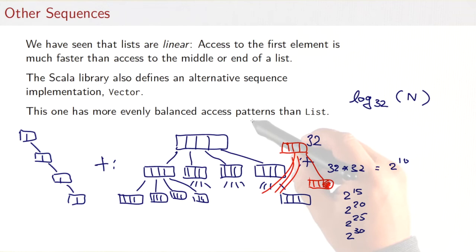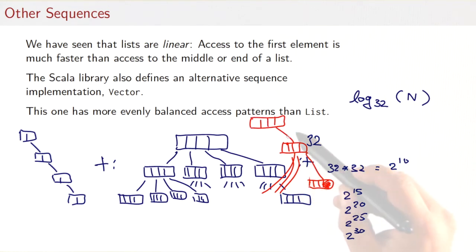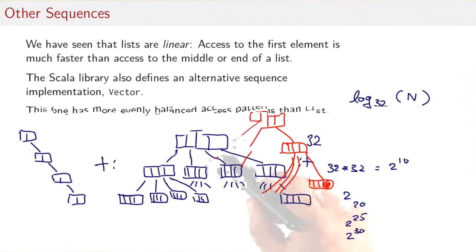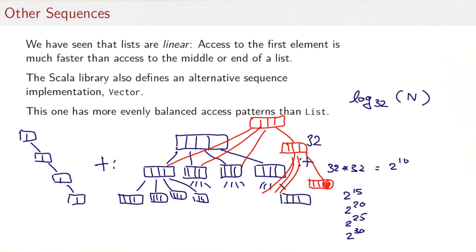And finally, I need to create another root which points to my new copy and to the other immediate descendants of the root, and that finally would complete the construction. So the new vector now is in red, whereas the blue one wasn't touched at all.